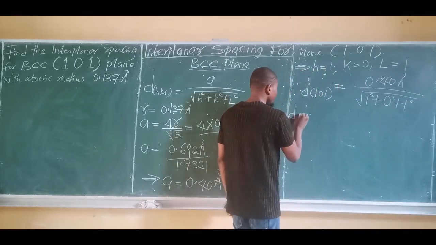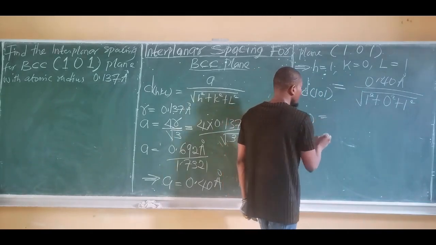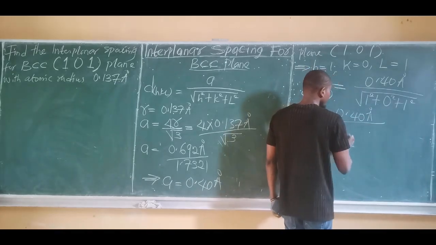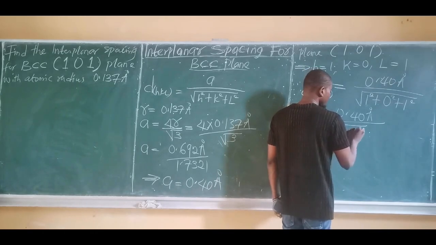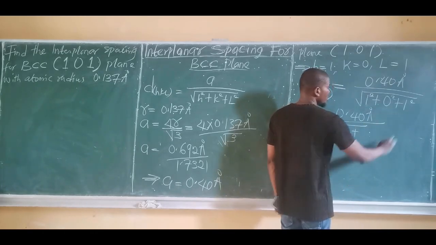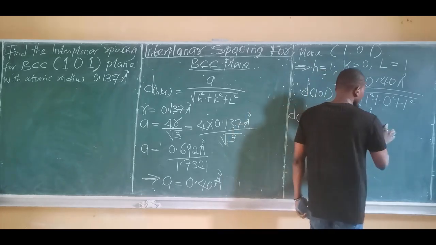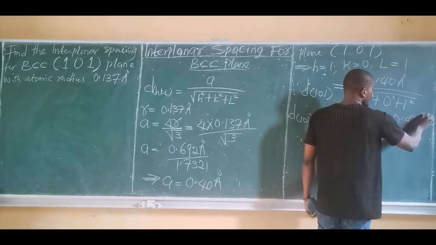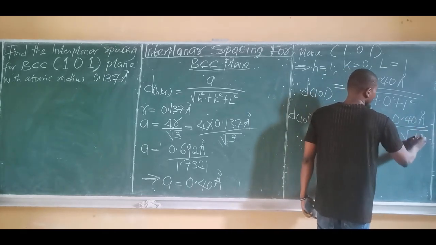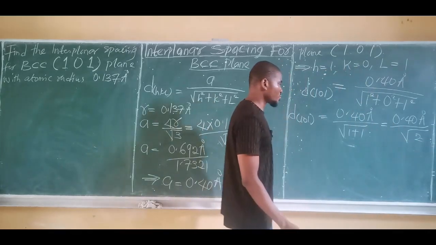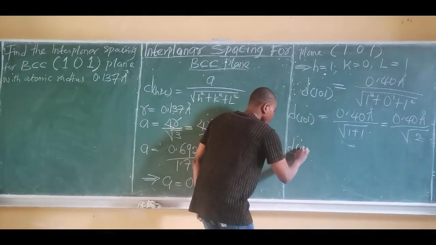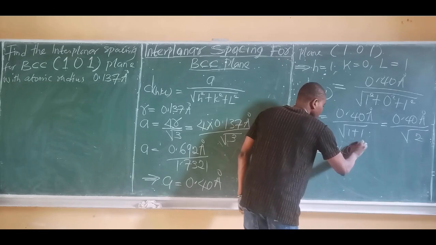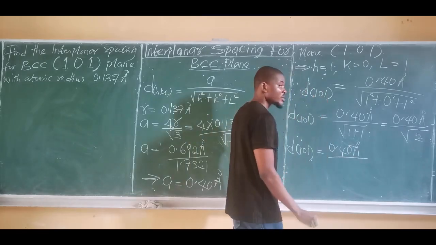So d of 101 plane is equal to 0.40 Armstrong units divided by the square root of 1 squared, is 1, plus 0 squared, that's 0, plus 1 squared, 1. So this is going to be equal to 0.40 Armstrong units all over the square root of 2, because 1 plus 1 is 2. Alright, so d of 101 is equal to 0.40 Armstrong units divided by square root of 2.